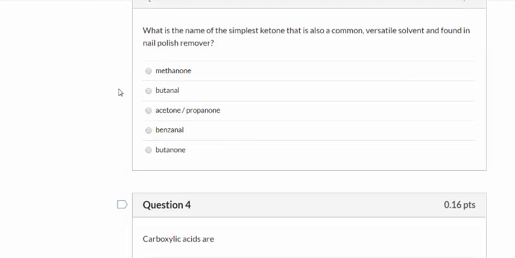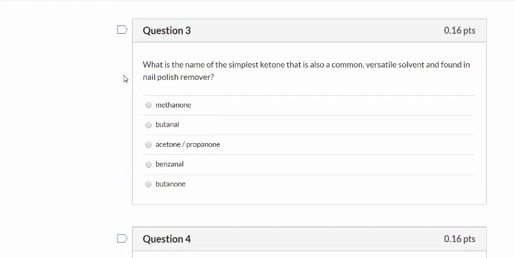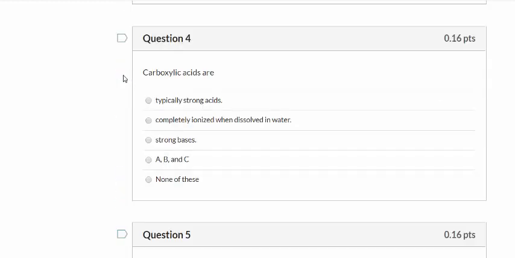Alright. This one you guys can figure that out. Okay, let's see. Which of these are true? Are carboxylic acids strong acids? We know that acetic acid in vinegar is not a strong acid, and it is a carboxylic acid.